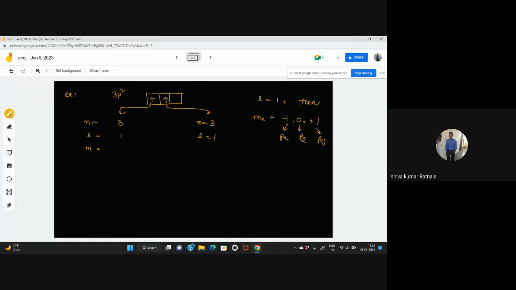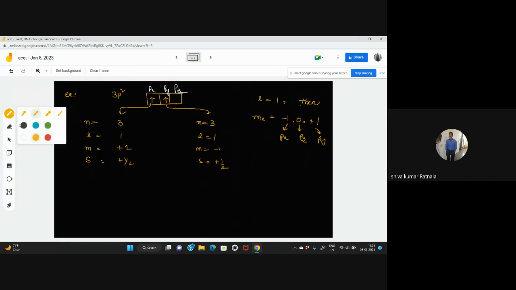So this is px orbital, and this is py, and let me consider this is pz. Now what value will we get? So px orbital, it will have +1, and the second electron is present in py orbital, so the m value will be -1, and s value will be clockwise direction, so that s value will be +1.